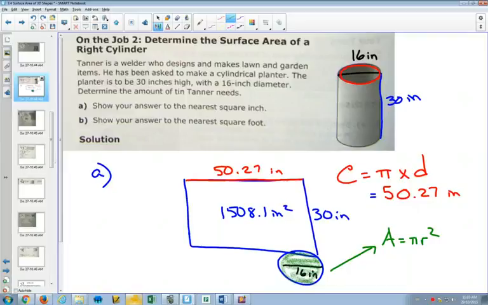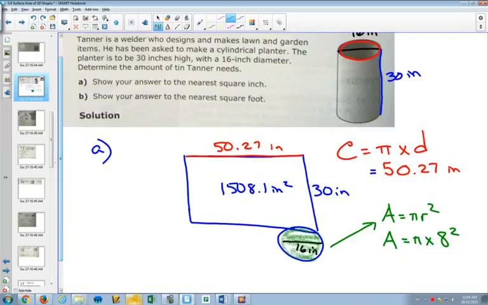If I want to find the area of that circle, I have to go to my calculator, I have to go pi times, and our radius is going to be half of our diameter, pi times 8 squared. So I type that into my calculator, and I get 201.1.